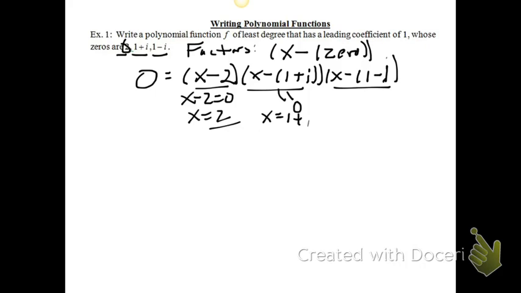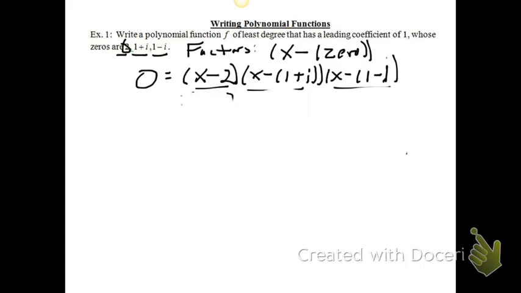And the same goes for this guy. If you set x minus 1 minus i equal to 0 and added 1 minus i to both sides, you'd get x equals 1 minus i. So that's why we set it up this way. We're really given the factors of the polynomial if we have its zeros, so I'm starting from that premise.